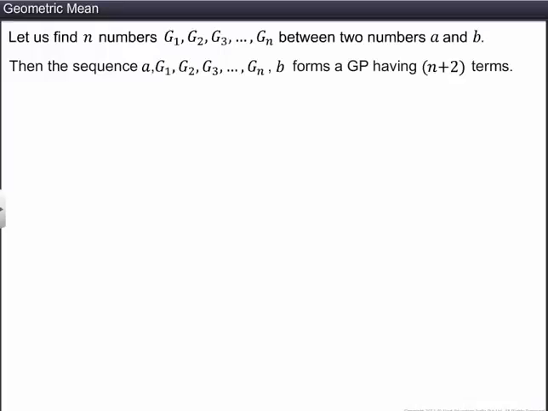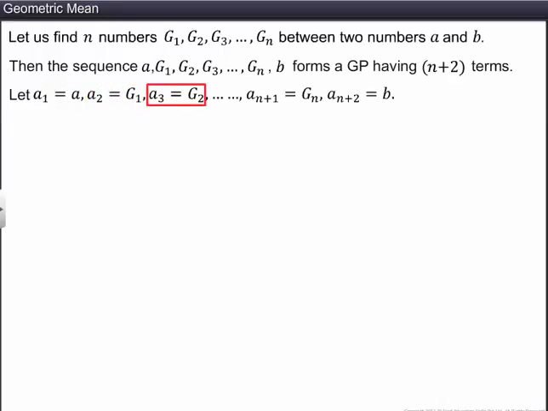Let a1, a2, a3 and so on up to a n plus 2 represent the first, second, third, and n plus 2th terms of this GP, respectively. Now n plus 2th term is b.